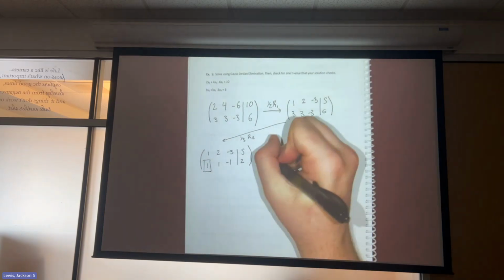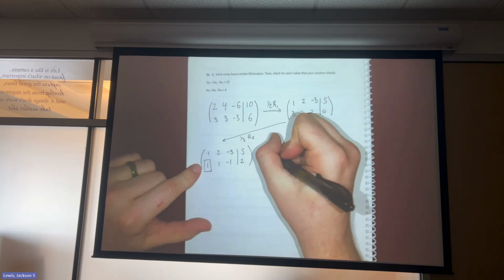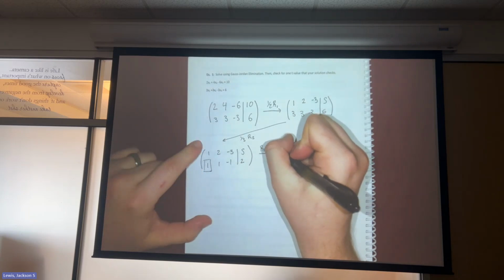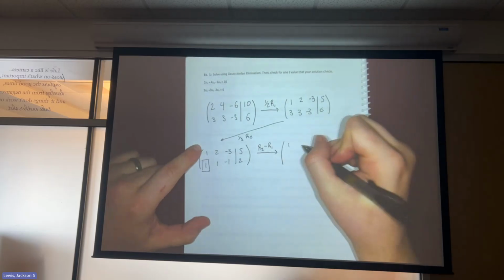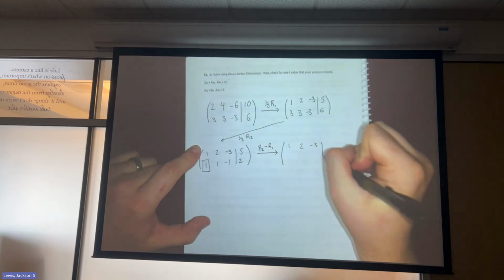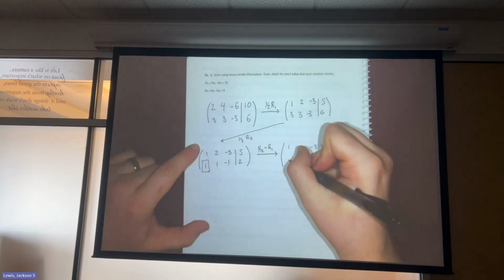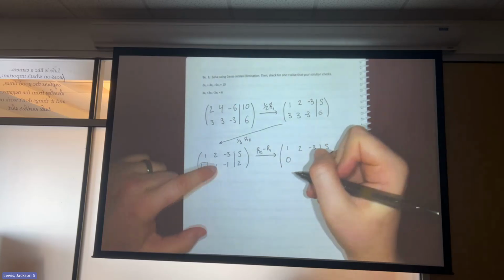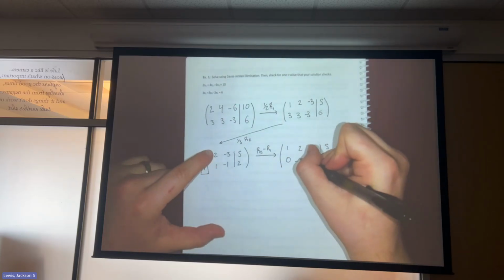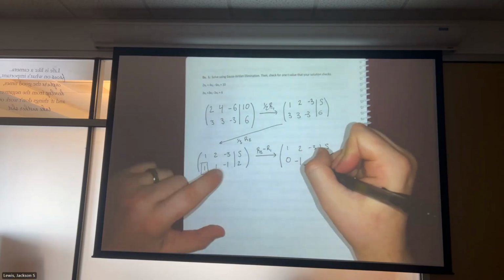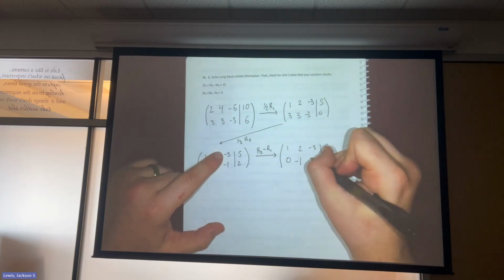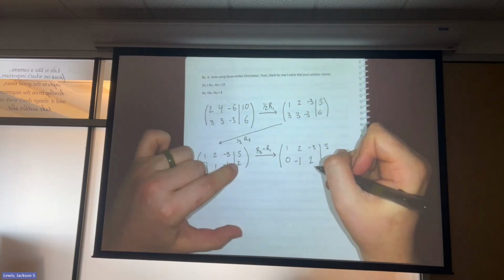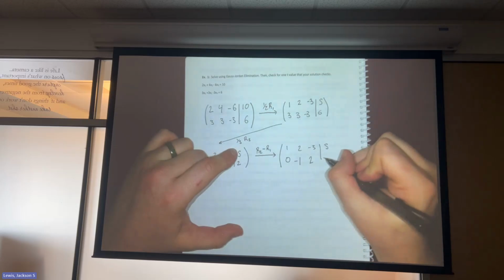Yeah, I'm going to do this bottom row, R2, minus the top row, R1. I'm going to rewrite the top row because it's just as it is. 1 minus 1 is 0. 1 minus 2 is negative 1. Negative 1 minus negative 3 is negative 1 plus 3, which is 2. And then 2 minus 5 is negative 3.